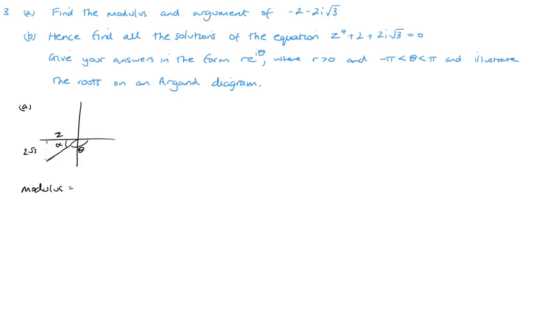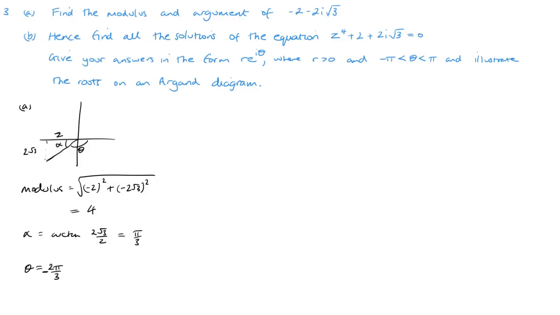So modulus is going to be minus 2 squared plus minus 2 root 3 squared, and then square rooted. And that's going to be 4. Now, alpha is arc tan of 2 root 3 over 2, which is going to be pi by 3. So that means that theta is going to be 2 pi by 3, and it's going to be negative.